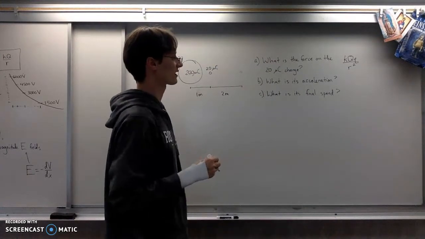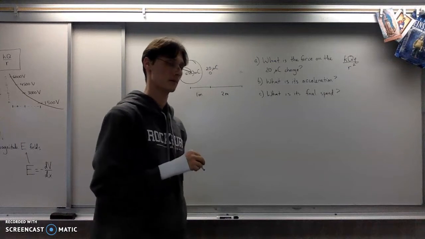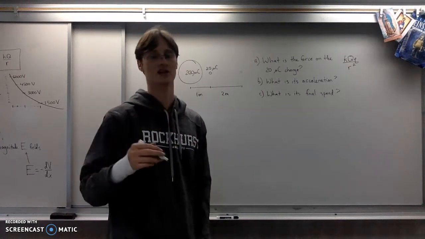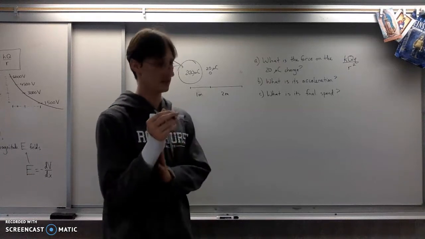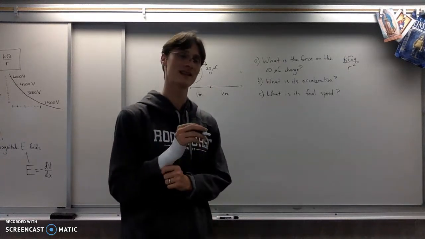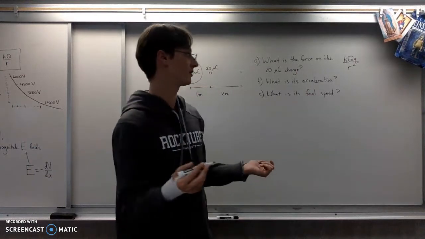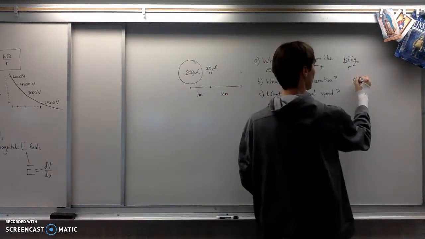All right, what is its acceleration? Well, that's actually a question that I mostly didn't ask last unit, to a certain extent because it's not usually that helpful unless we happen to be able to do this.